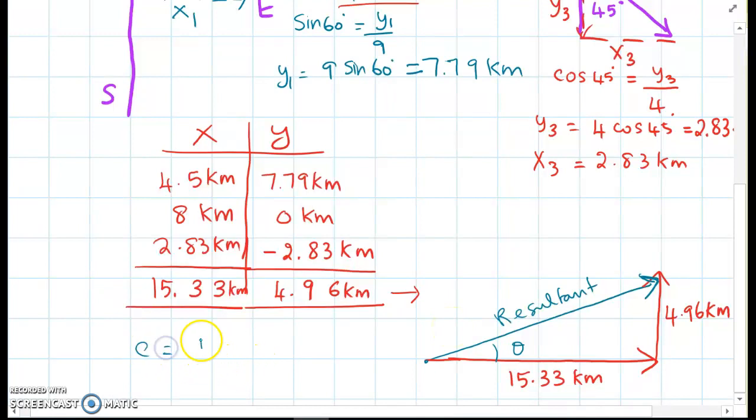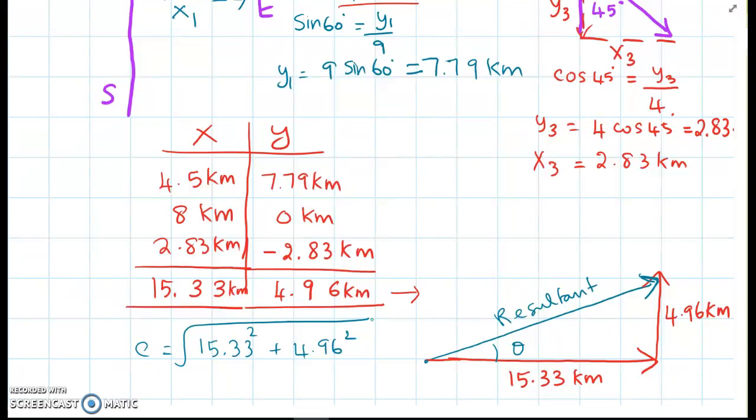So C is the square root of 15.33 squared plus 4.96 squared. Why don't you calculate this and verify the answer with me? So this will be 16.1 kilometers.